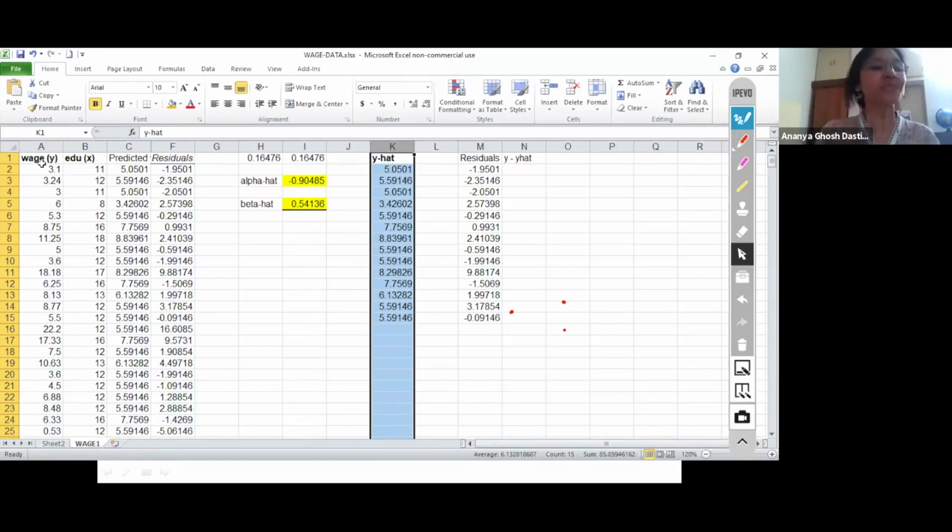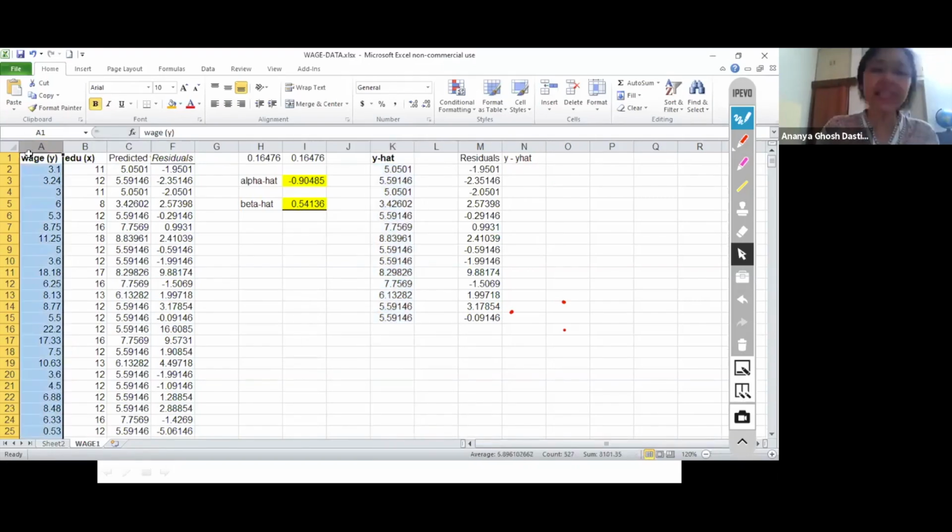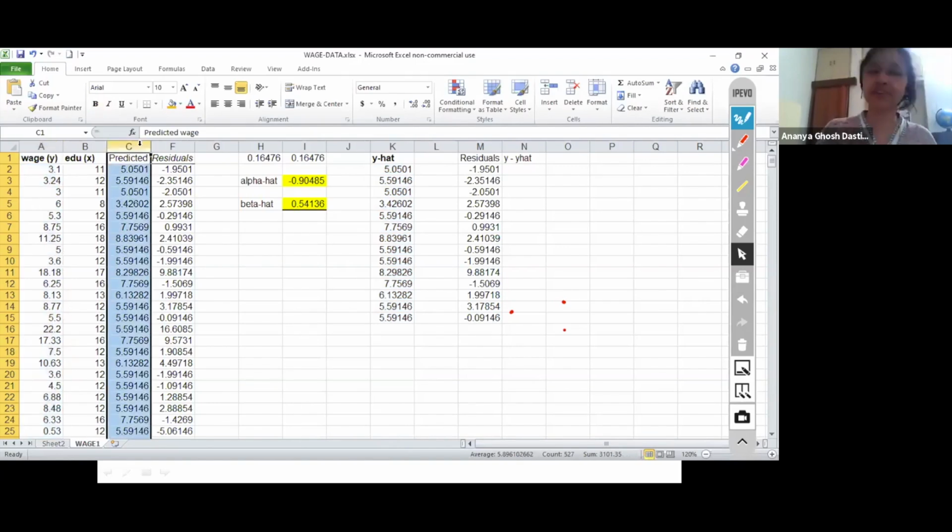So just like y varies and has a variance, y hat also varies and has a variance. Now cut to what is R squared. R squared is telling you to what extent the variation in y is getting explained by the model.